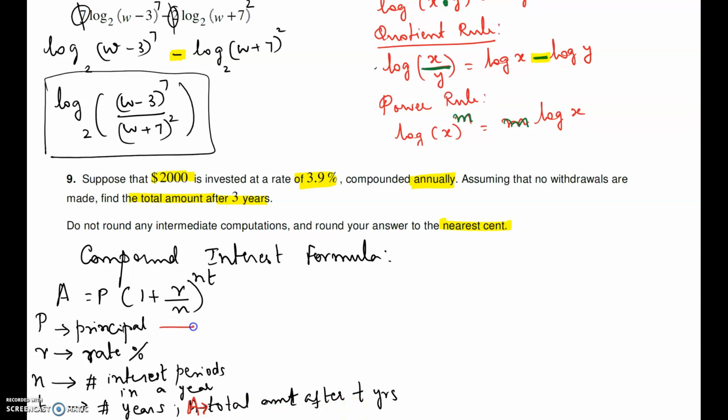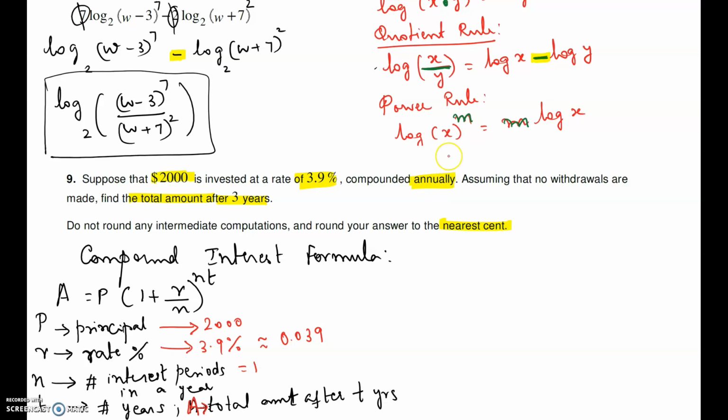So in our problem, we are going to write P equal to 2000, and 3.9% converted to decimal is equivalent to 0.039. Number of interest periods: if it says compounded annually, N is equal to 1.